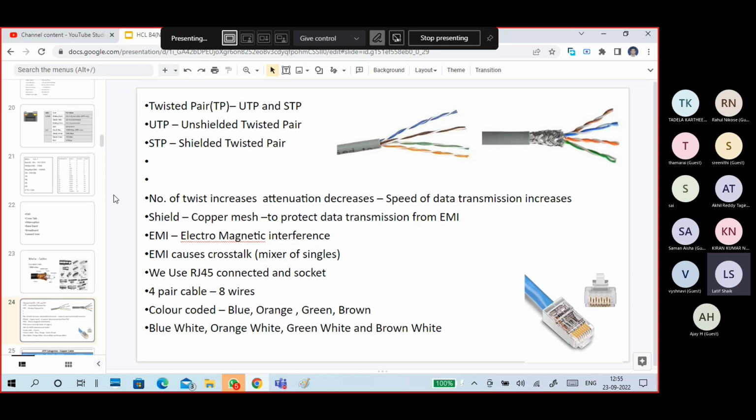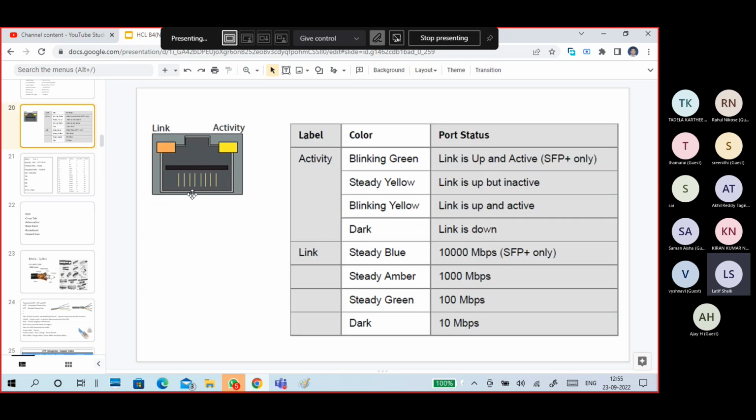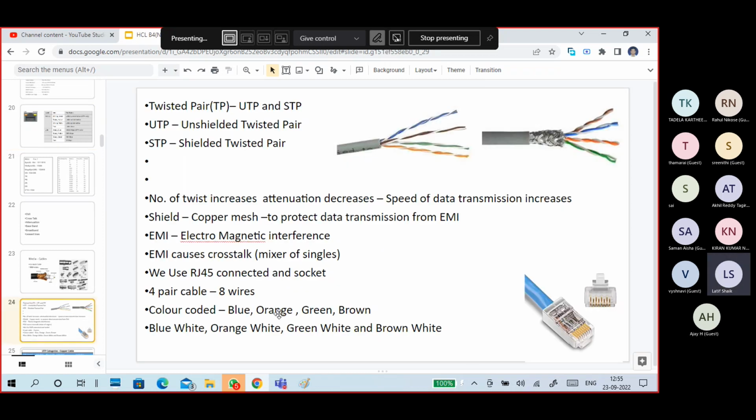Registered Jack. 45 is a standard number. RJ11 is the telephone cable. RJ45 is the network cable. The plugs you can see here are RJ45 connections. In a NIC also, I showed this is an RJ45 socket, RJ45 plug.